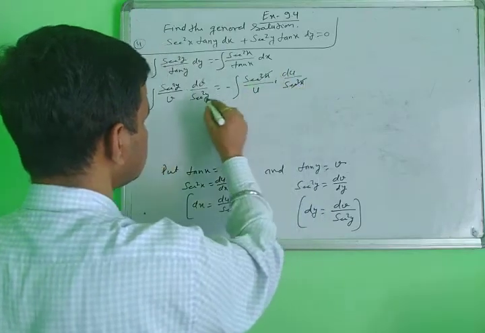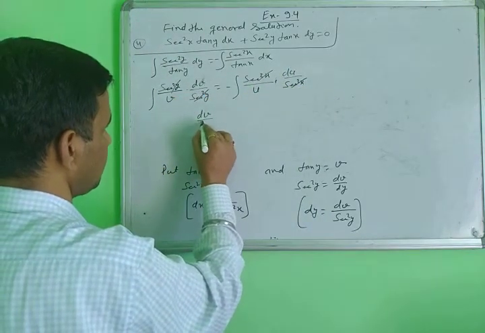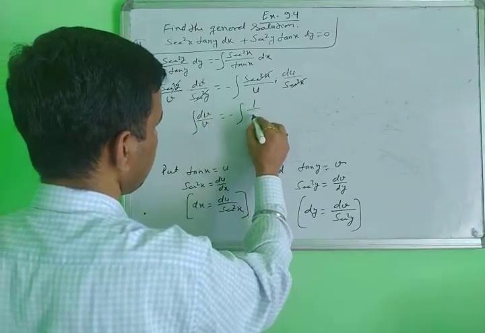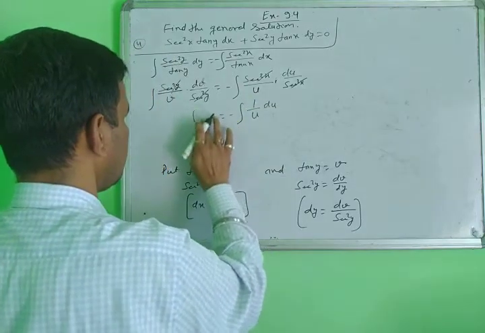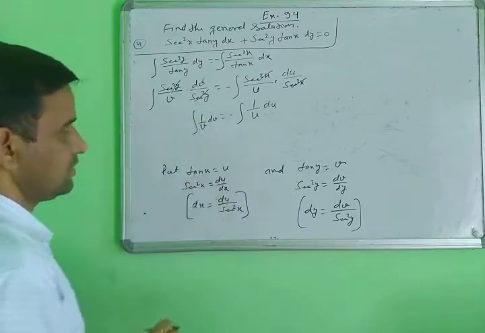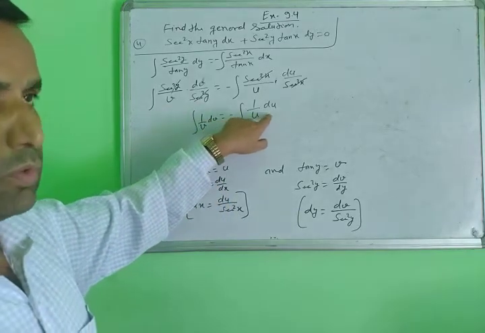So this one is cancelled and this one is cancelled. What is left here? dv over v equals minus 1 upon u du. So this is your left part: 1 upon v dv minus 1 upon u du.